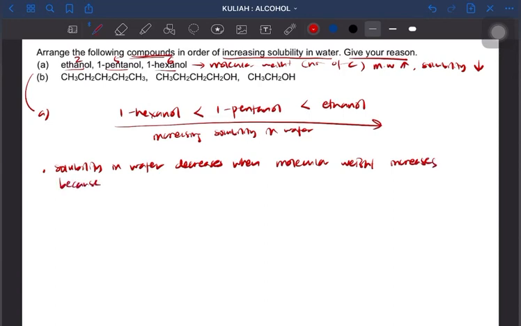because the hydrophobic area becomes larger.